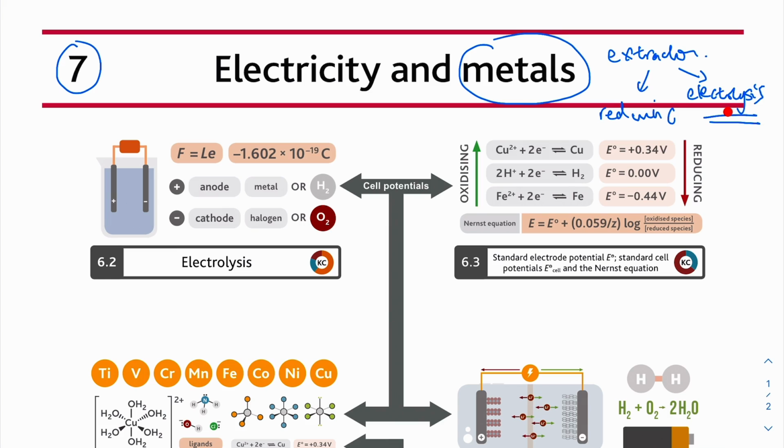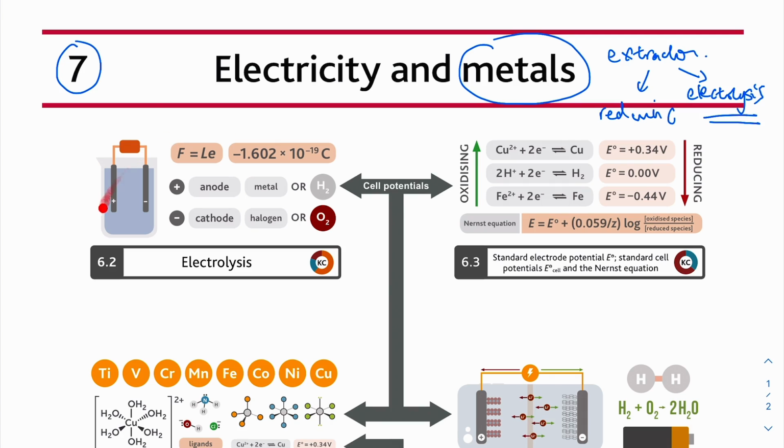Therefore this is where we talk about these redox changes and the generation of electrode potentials that results in whether you're using electricity or generating electricity from reactions that have a certain standard cell potential, all right?